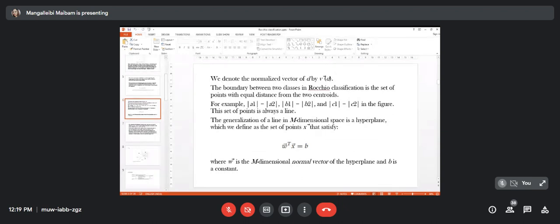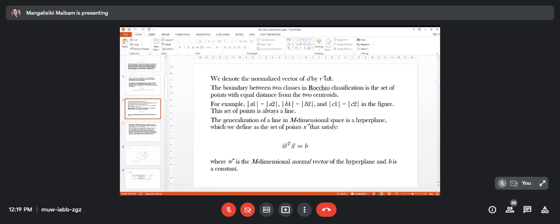Then for a document using vector space, we represent the normalized vector of document d using this symbol, vector v(d). The boundary between the two classes is a set of points with equal distance from the centroids.